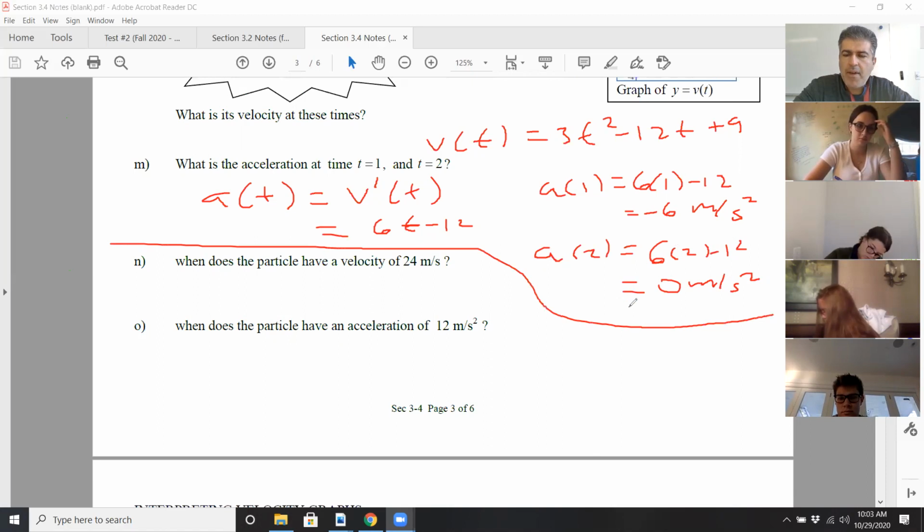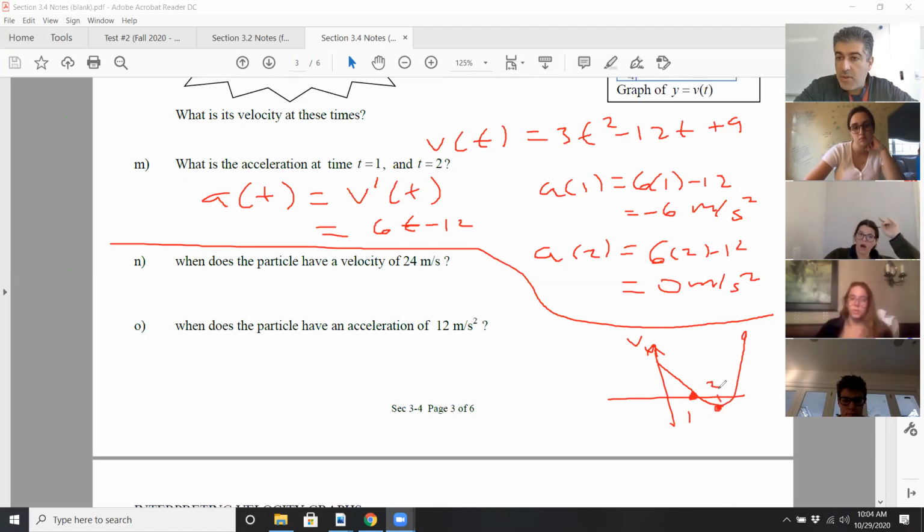Again, if we look at what's going on with the velocity graph, the velocity graph looked like this. This is my velocity curve. You're clearly decelerating at t equals 1, but then the velocity stops changing at 2. Then all of a sudden you start accelerating afterwards.